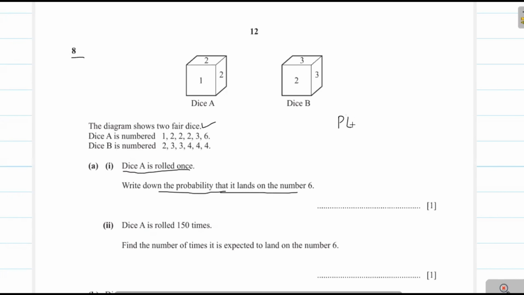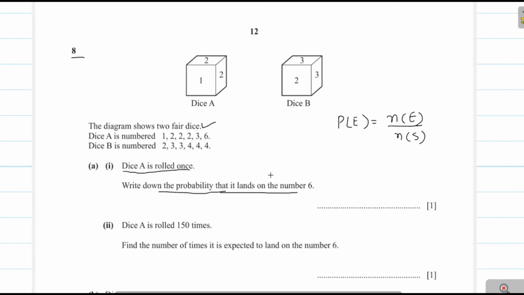The probability of any event is equal to the number of total favorable outcomes of that event divided by the total number of outcomes of the sample space. Now you see here, the event here is the dice lands on number 6.